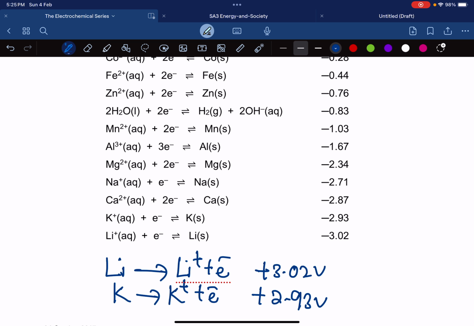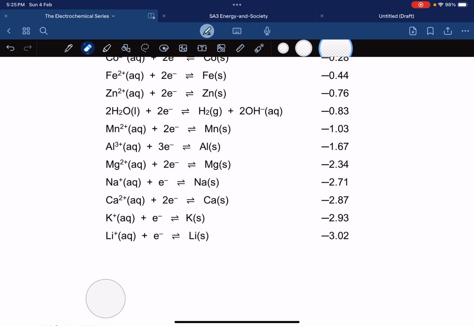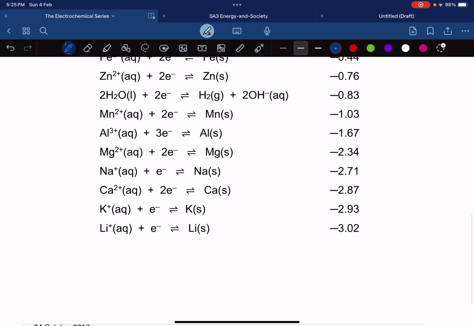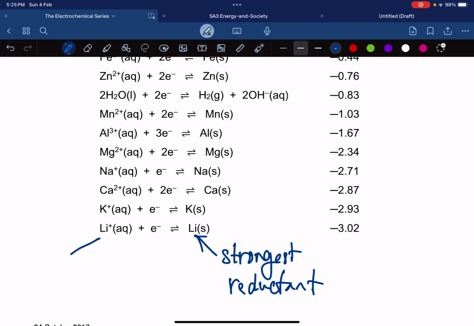So if we look at this table here, what I want you to notice is this. Right at the bottom here, this guy is the strongest reductant. So this is the weakest oxidant. Oxidant means somebody who loves to pick electrons up.